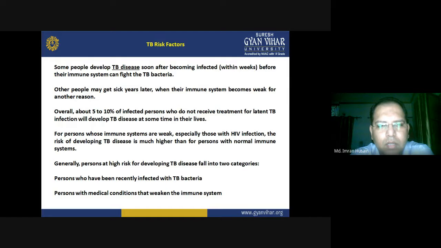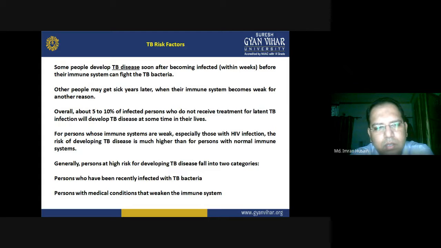Overall, about 5 to 10% of infected persons who do not receive treatment for latent TB infection will develop TB disease at some time in their life. So, if the individual is not receiving treatment for latent TB infection, they are more likely to develop TB disease.